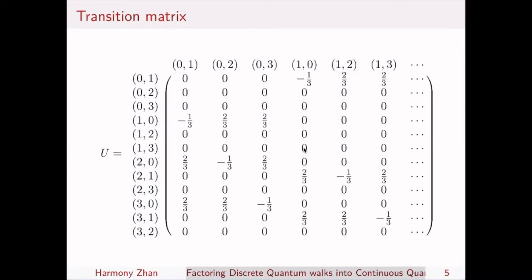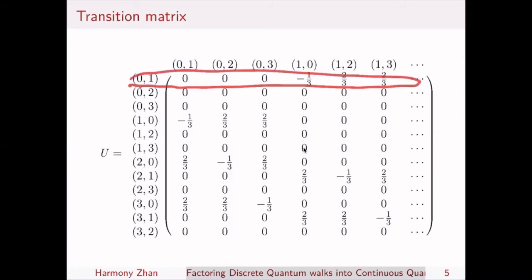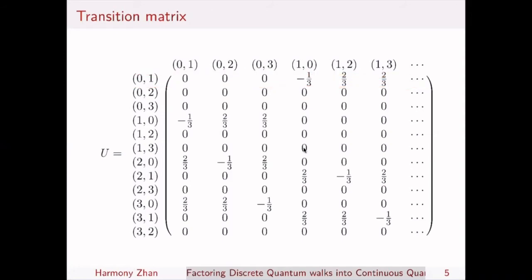But now I invite you to look at the rows of this matrix instead of the columns, because I think it has a neater combinatorial meaning. Let's look at the first row. I see it's not complete. I cannot put everything in the slides, but believe me, every row has only 3 non-zero entries. And these entries are all indexed by what?